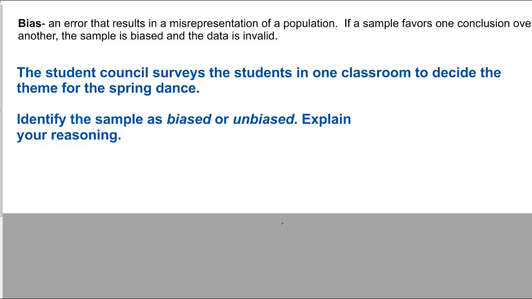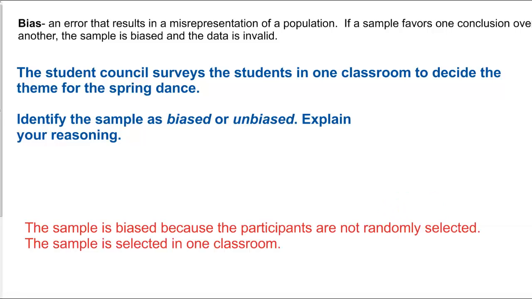We want to know if that sample is biased or unbiased and explain our reasoning. Well, in this case, since they're only sampling one class and those people aren't chosen at random, we call that a biased sample. Based on that class, there might be a lot of people dissatisfied with that decision for a theme.